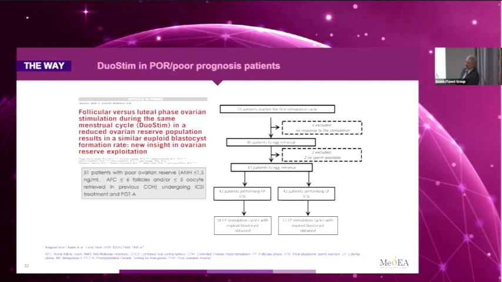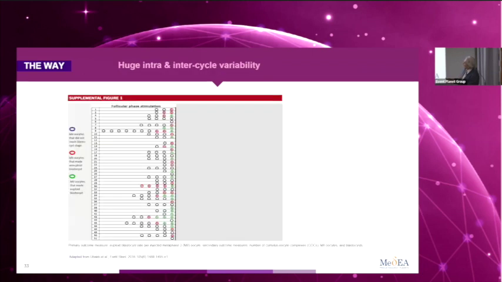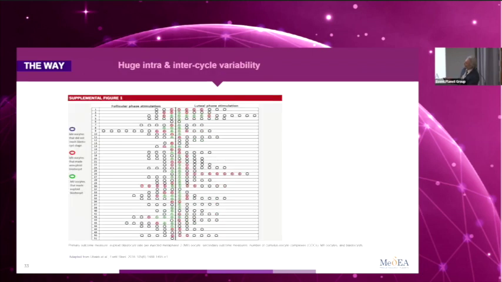This is the initial study coordinated by Filippo Baldi. And you can see one thing. These are the results, first stimulation and second stimulation. Please note the incredible inter-individual and intra-individual variability. A patient that had 3 eggs and 1 blastocyst in the first stimulation had 5 or even more eggs in the second.